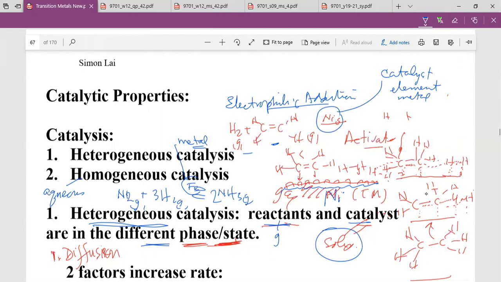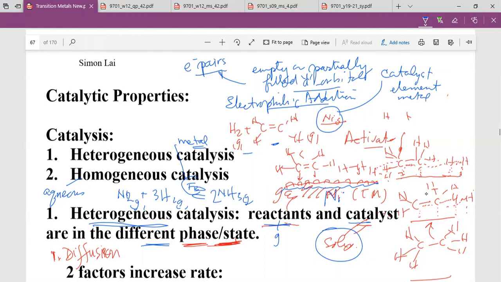Well, it's really because they have empty or partially filled d orbitals, orbitals that can accommodate the electron pairs of the ligands, of the reagents, to form what we call reversible dative bonds.